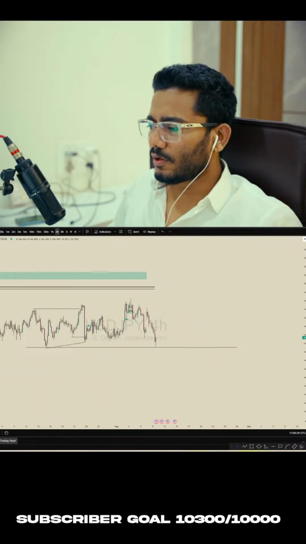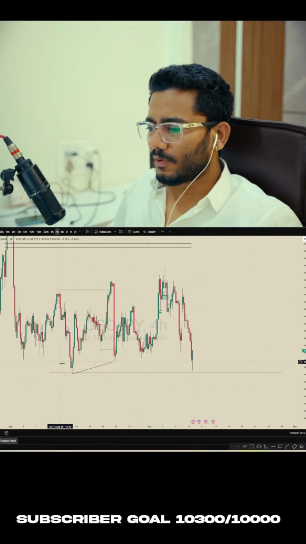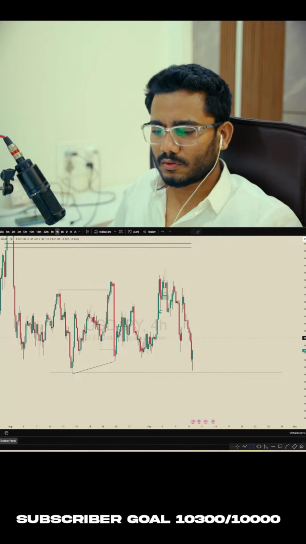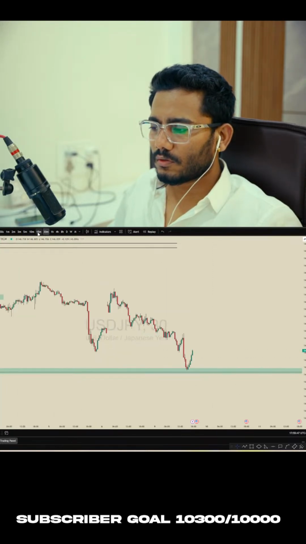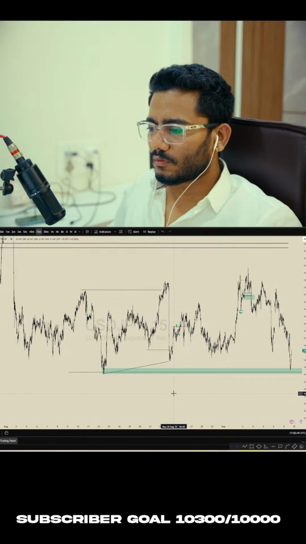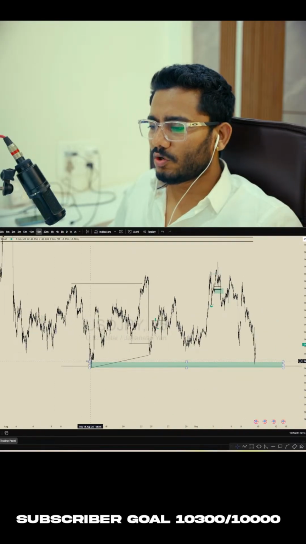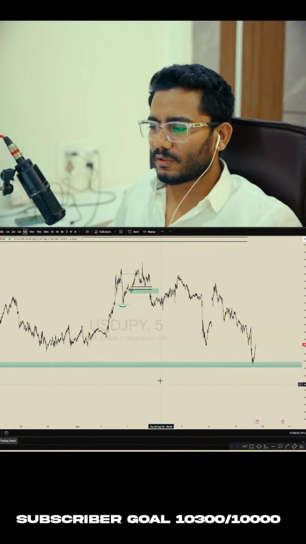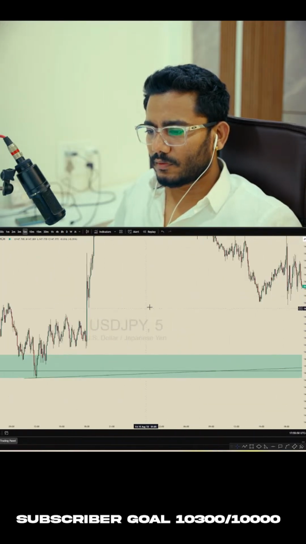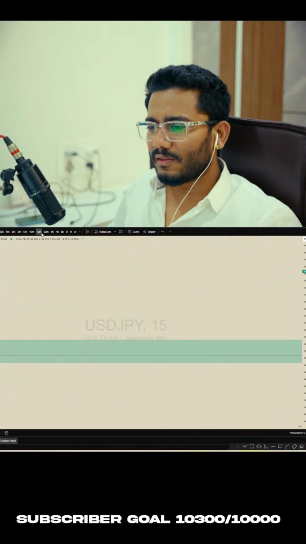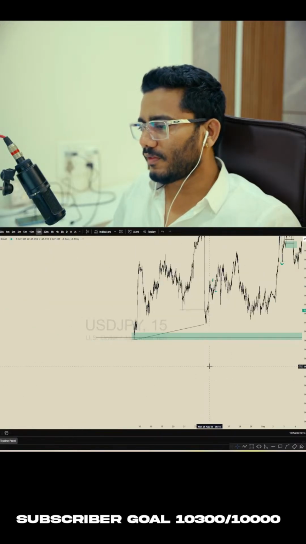So if you look at 4 hour, price is reacting from this order block. Let's go to. So this is not an order block, but let's see. Sometimes there is some imbalance left, so that's why price reacts from this area.